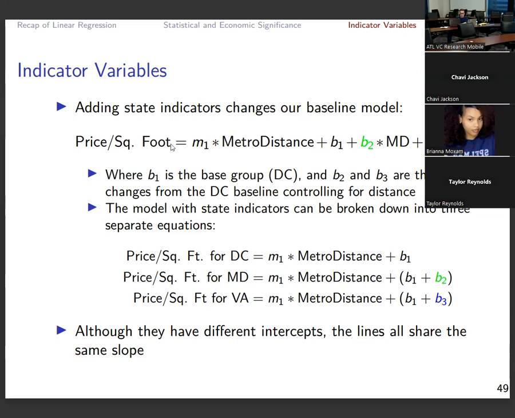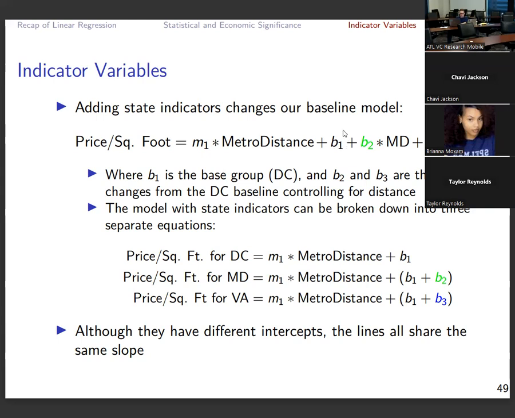What we're going to do now is include the geographical location into our regression, which allows the intercept term to be different depending upon where that property is located.